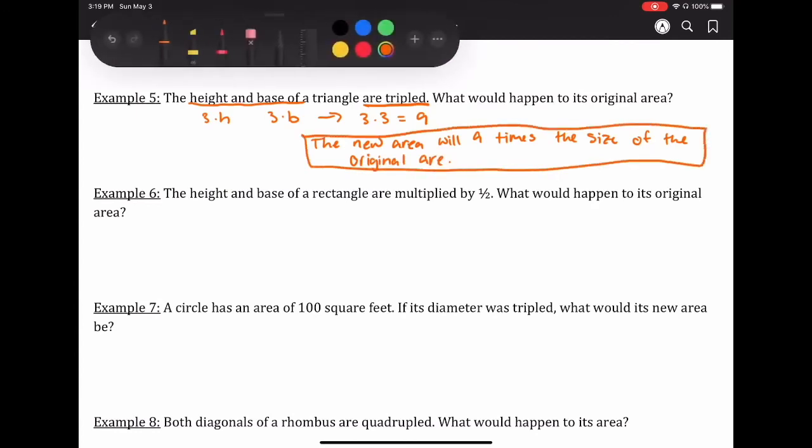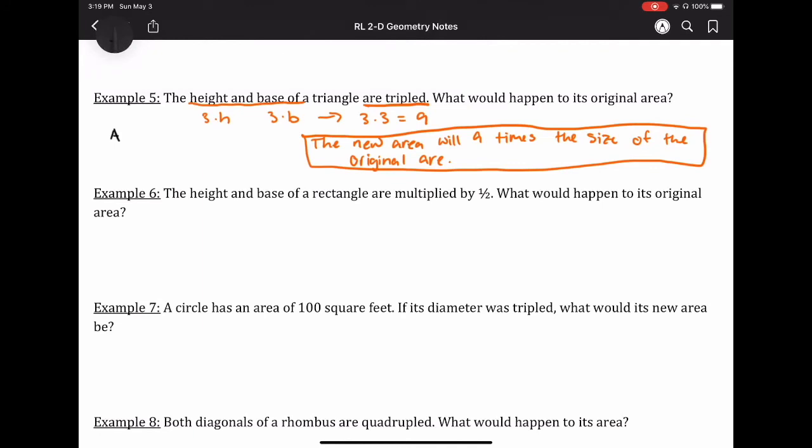If you're questioning why this is happening, we're going to take a look at what is going on with the formula. So the formula for the area of a triangle says I have 1/2 times base times height. When I am tripling the height and tripling the base, my new area is equal to 1/2 times 3 times the base times 3 times the height.